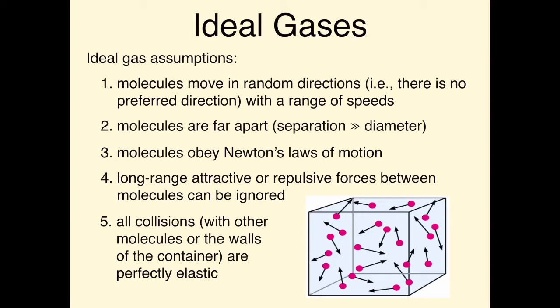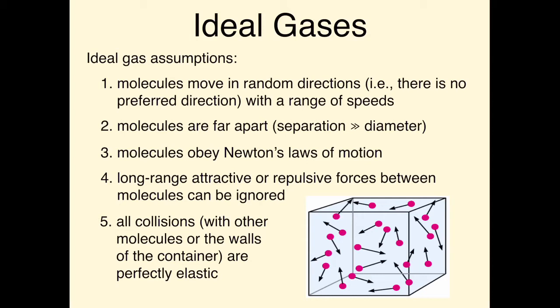So that's something we'll assume. Okay, number 4. Any sort of long-range attractive or repulsive force between the molecules can be ignored. So we know that molecules can attract or repel each other due to electrical forces between them. That's something that we're just going to ignore when it comes to an ideal gas.